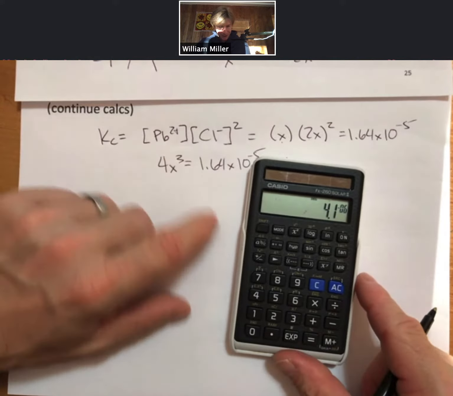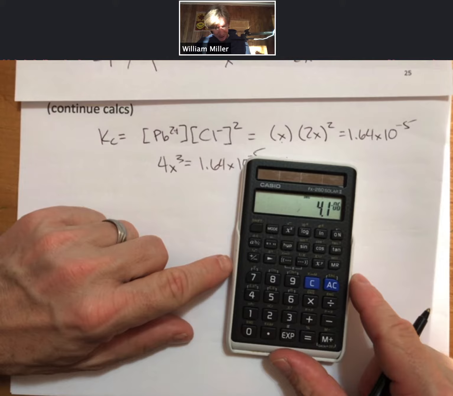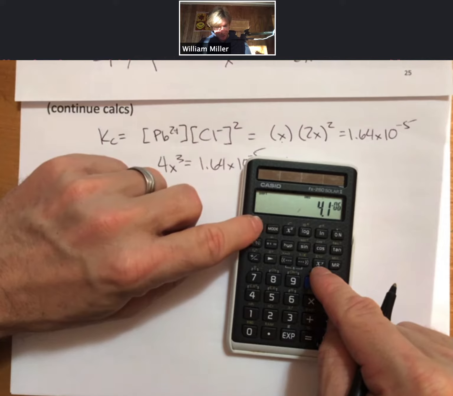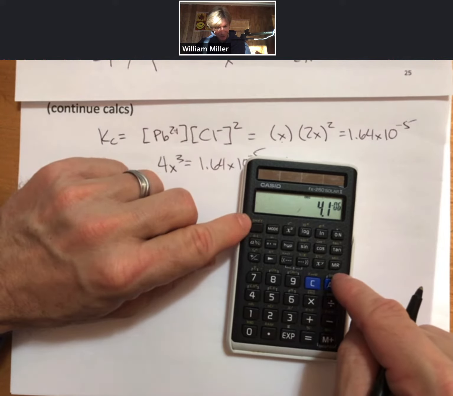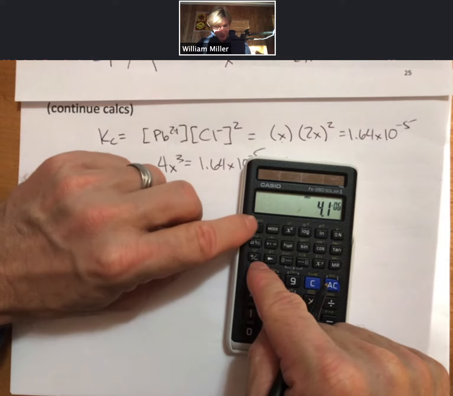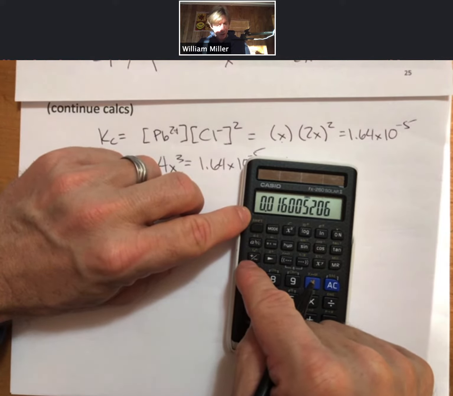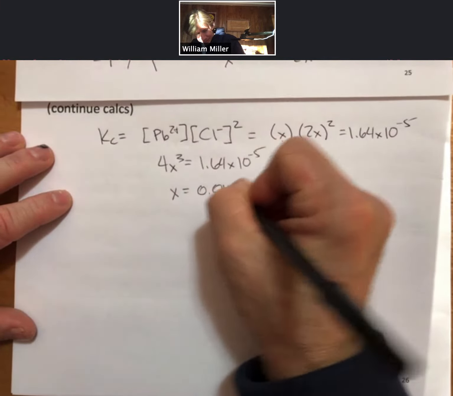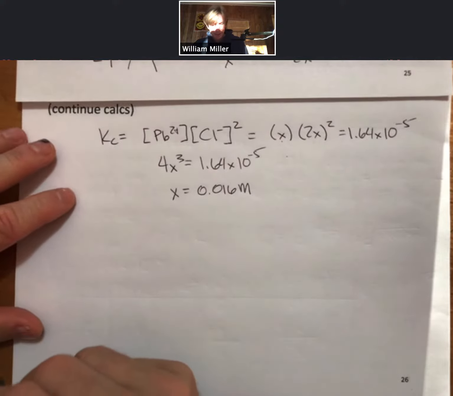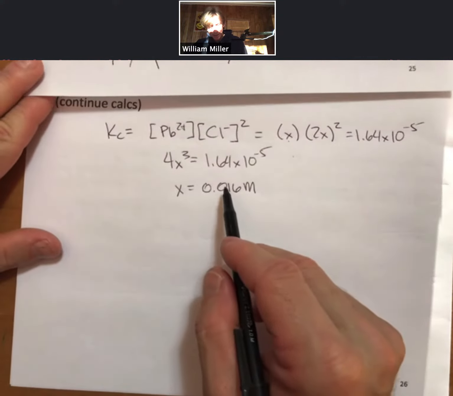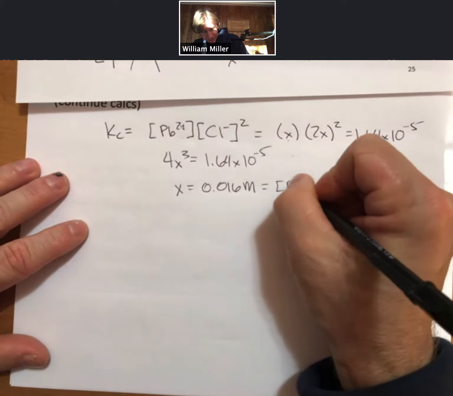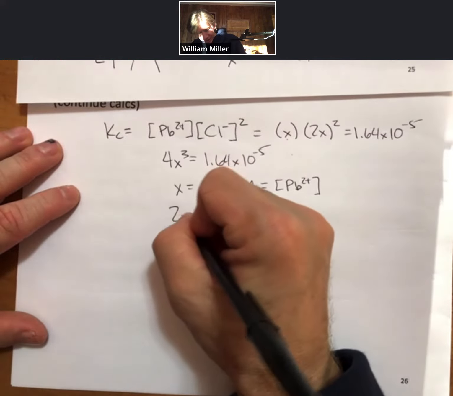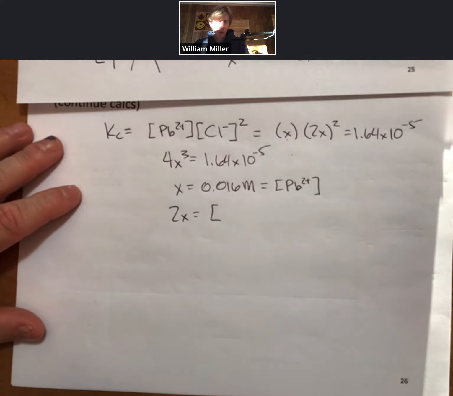How do I do that on my calculator? Let's do, there we go, shift. I don't know if that's going to do it. Cube root, there it is. Shift cube. I get 0.016 molarity, and that means that will be the concentration of my lead ions. 2x will be the concentration of my chloride ions.